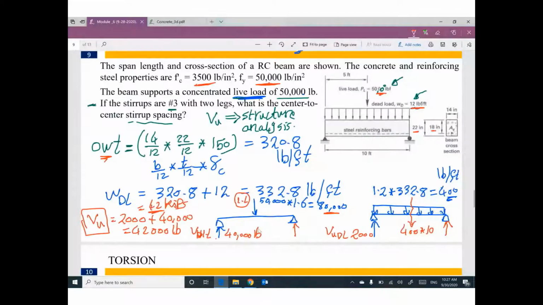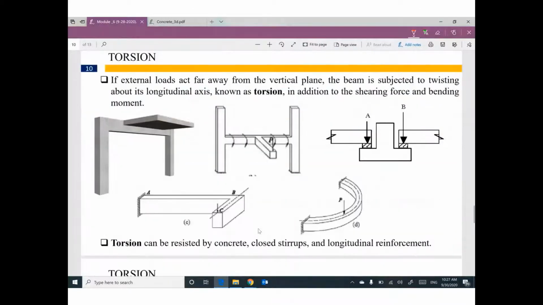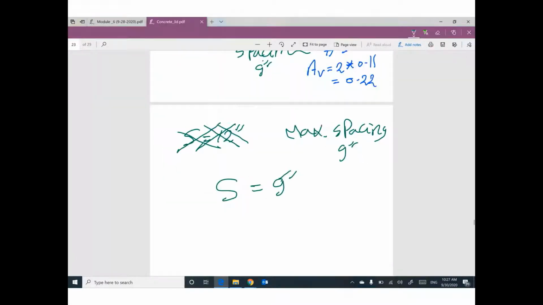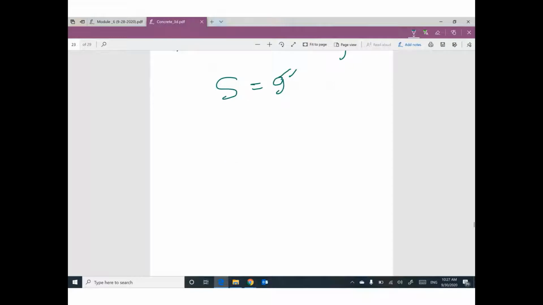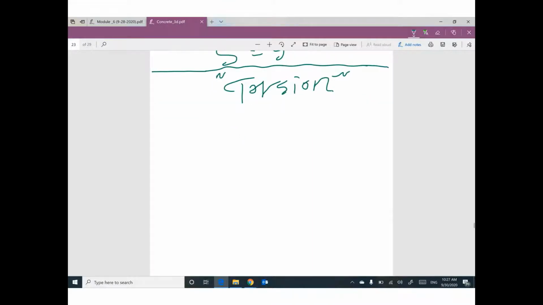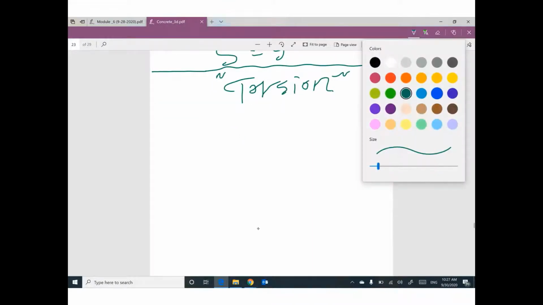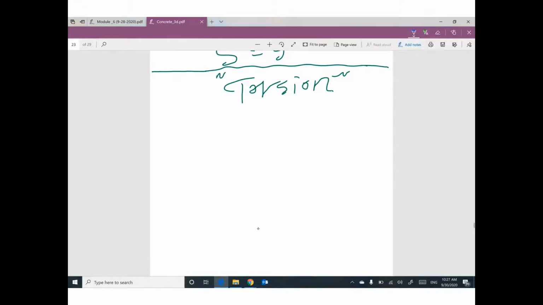We have another internal force that we didn't cover in structure analysis, but I believe you should learn a little bit about it in mechanics of material, which is called torsion. I would like to be sure you understand this point correctly.